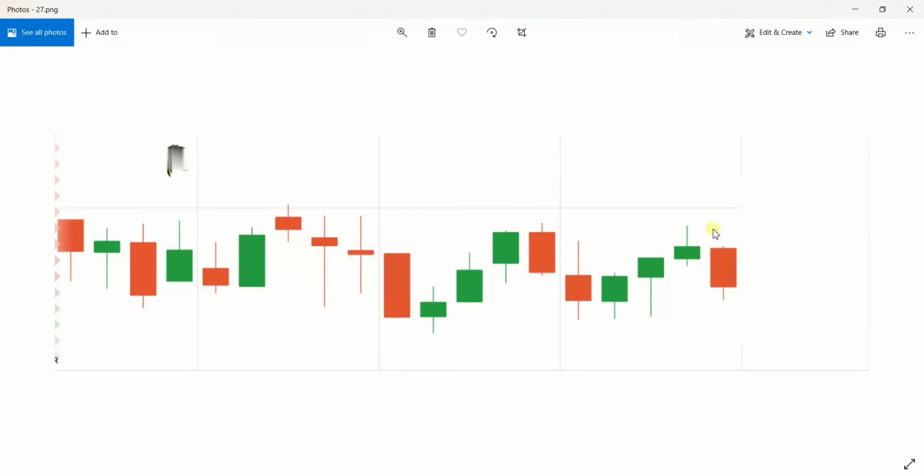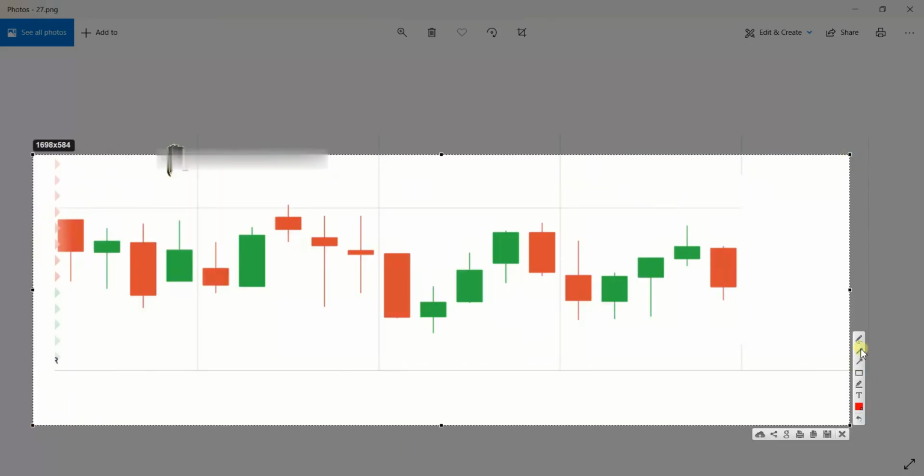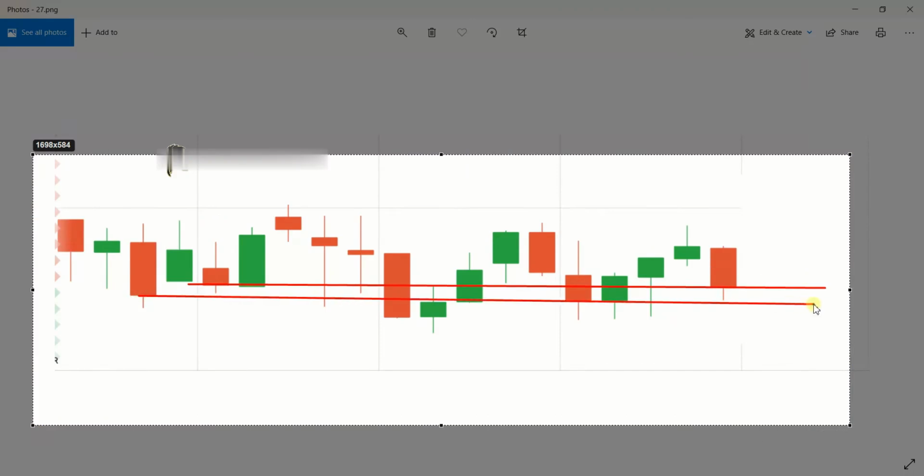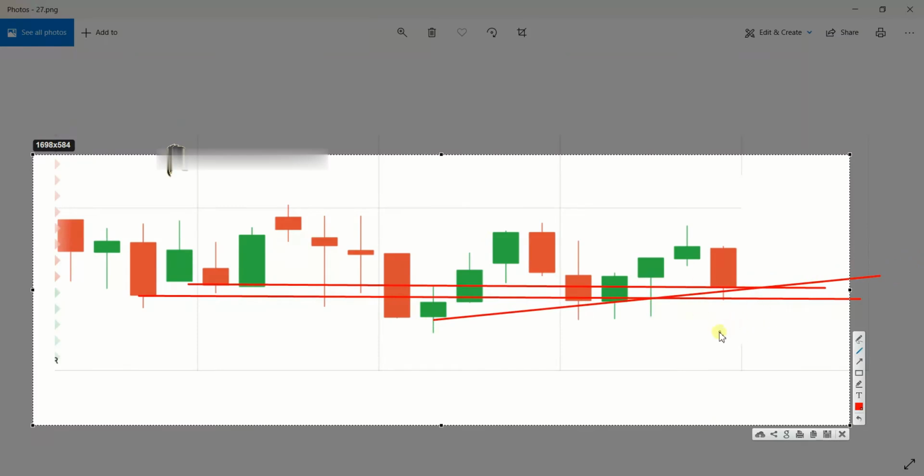So you can see there is a bearish candle. Okay, so let's check the support level. Okay, this one, you can see the market is at the level, and also here, yes, here also.